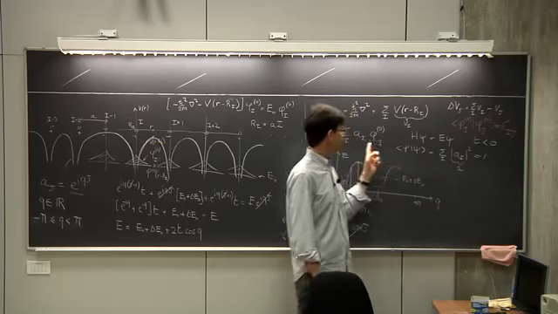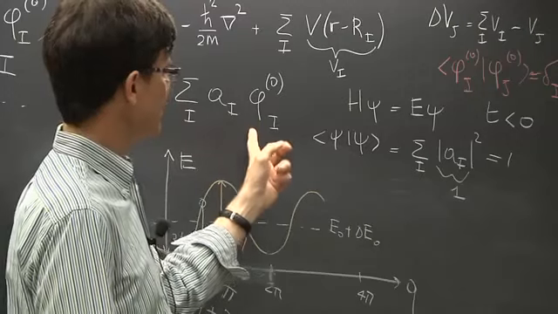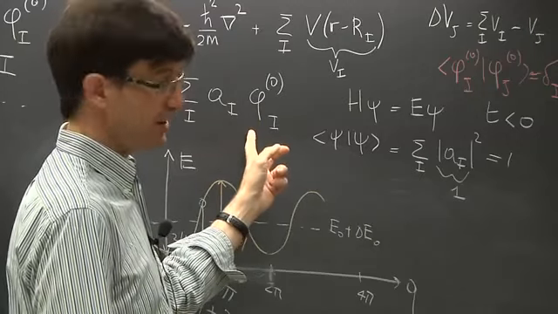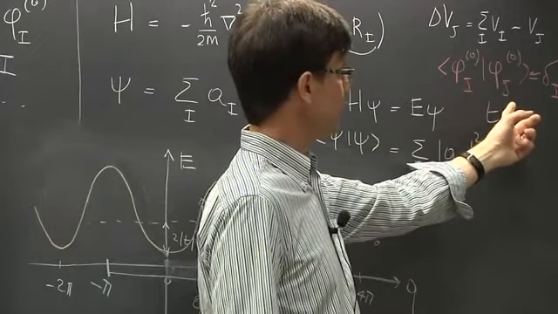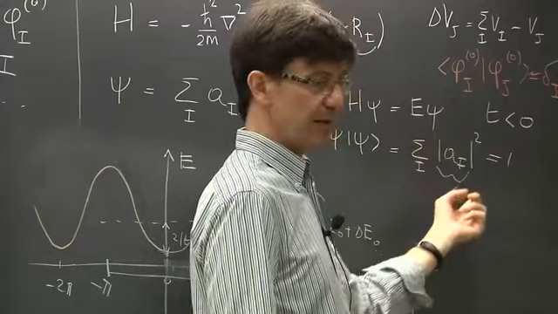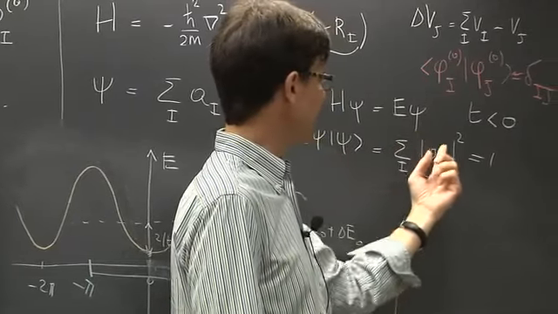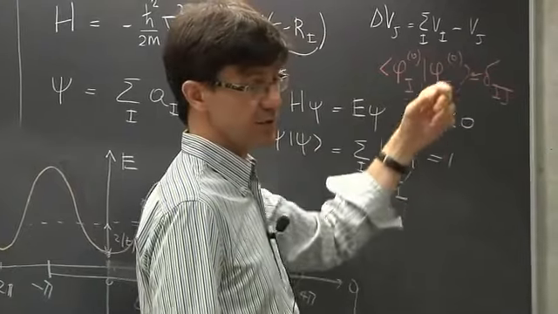Psi times psi is in principle the product of a_i, a_j times phi_i, phi_j. And we have assumed that, because of this condition, phi_i, phi_j is delta_ij. So we've been able to rewrite this as the sum of a_i squared, using precisely this condition.